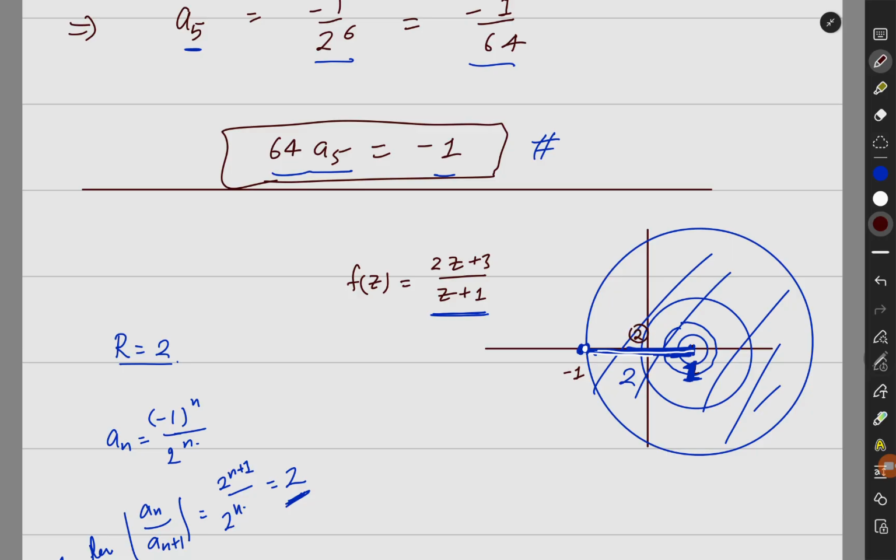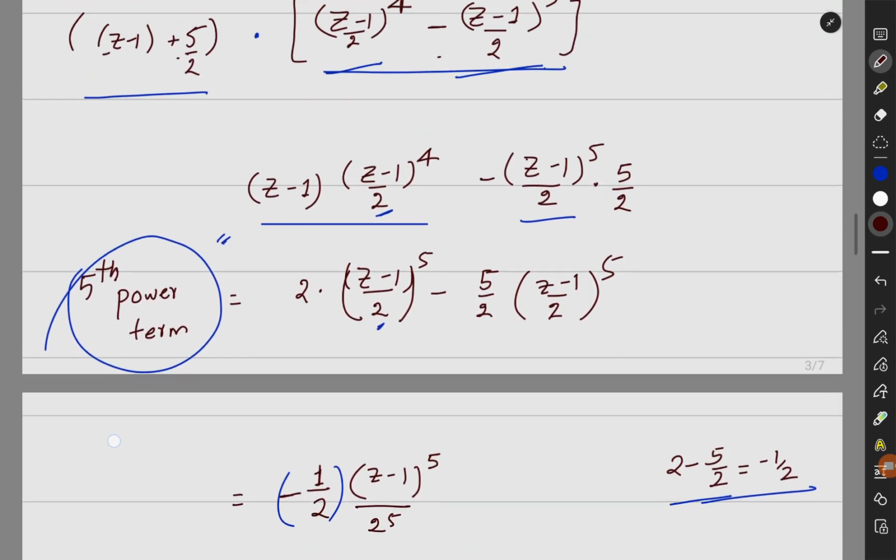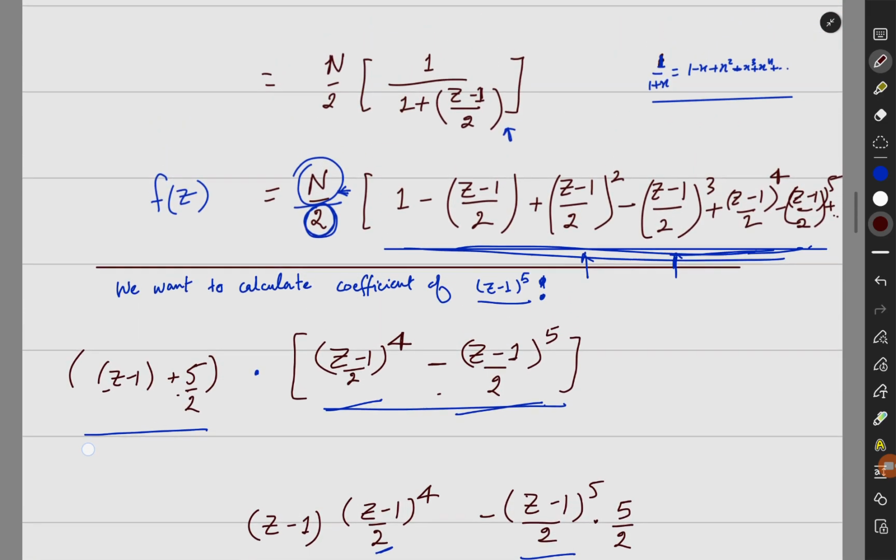So the radius of convergence, just from the picture, is 2, and if you want to calculate it you just follow this script. Which script? The numerator over 2 part is nothing, it is analytic everywhere on the complex plane. So calculate the radius of convergence of this power series now, the inside part, right?